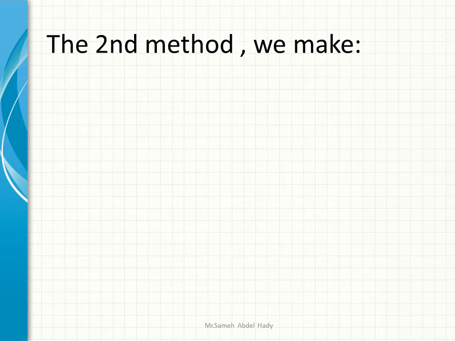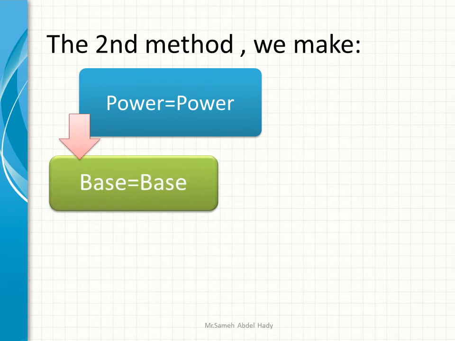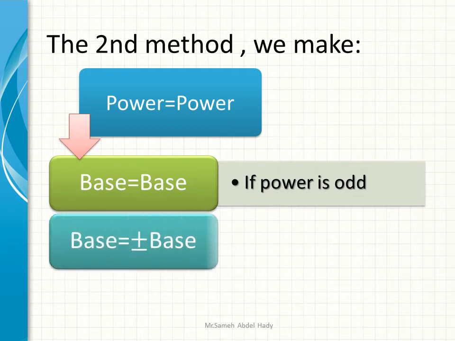The second method is to make power equal power. But here, if I make power equal power, I will have one of three cases. The first case, I will have base equal base. That will happen if the power is odd, and we will see how.